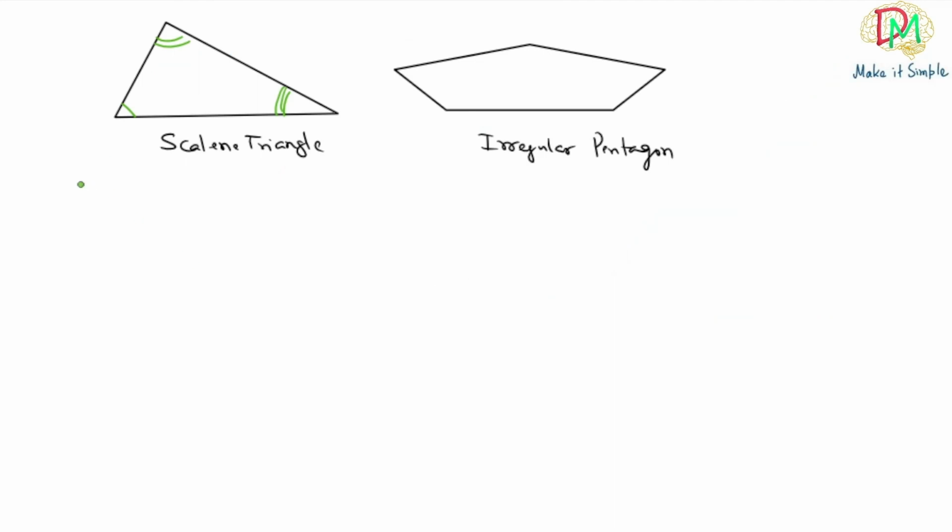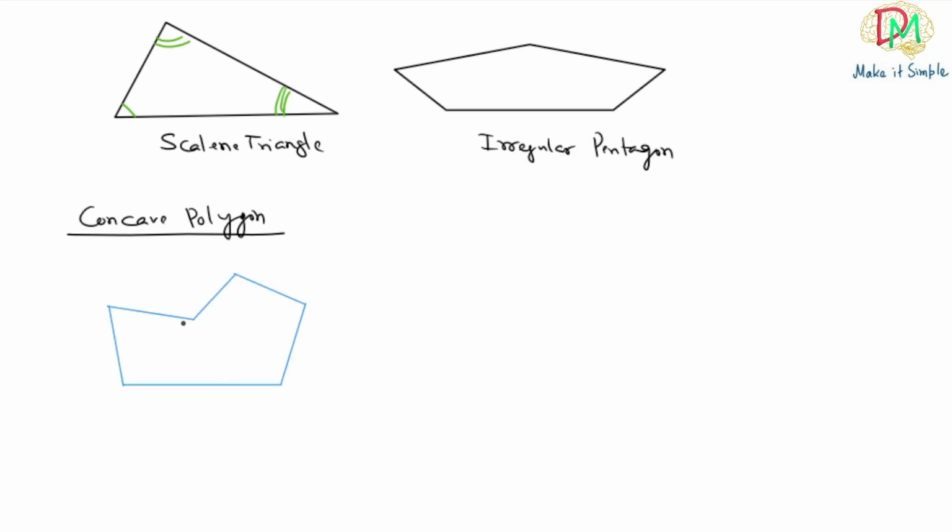Next we learn concave polygon. When any of the interior angles of the polygon is more than 180 degrees, then we can say it is a concave polygon, because one of these internal angles is more than 180 degrees.